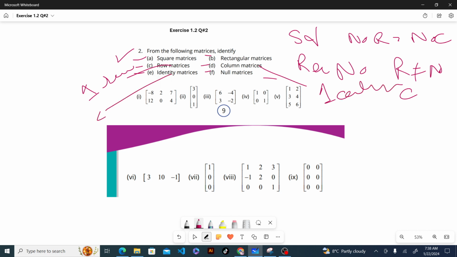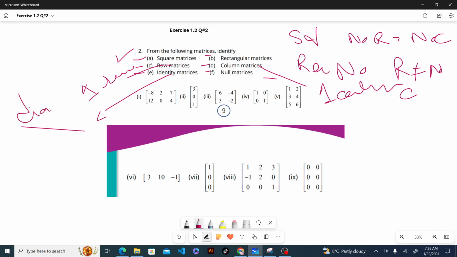An identity matrix is a matrix which is diagonal, meaning the diagonal has non-zero values, or at least one non-zero value should be there, and the other non-diagonal values should always be zero. In that diagonal matrix, all the diagonal values are equal to 1.